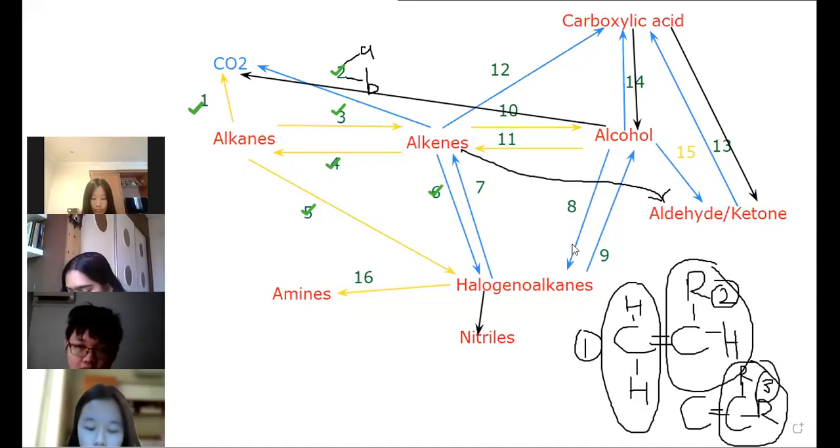Ethanolic potassium hydroxide. Yes, correct. The condition is heat. And the name of the reaction is elimination. Yes, correct. Okay, Felicia, for halogenoalkane elimination, is there a first elimination and a second elimination?